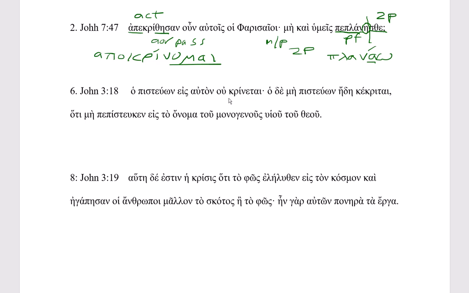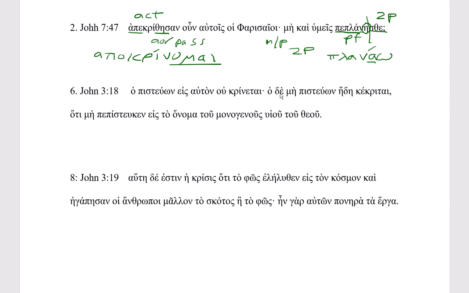So we have a nice present middle passive, probably passive meaning, from krinō, which is to judge, and so ou krinetai is not judged. So the one who believes in him is not judged. So that's the first part of this verse.